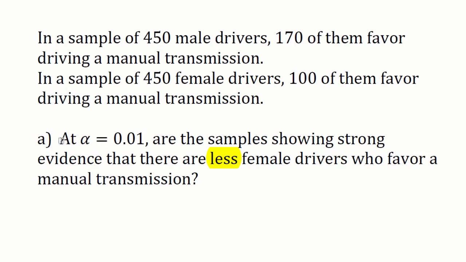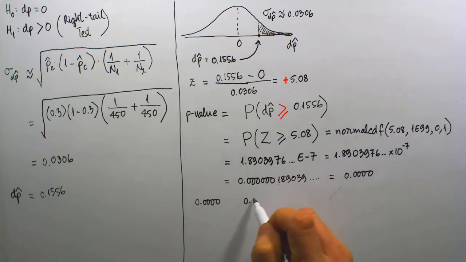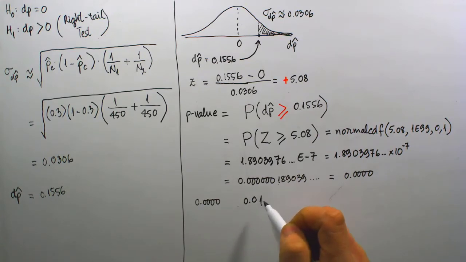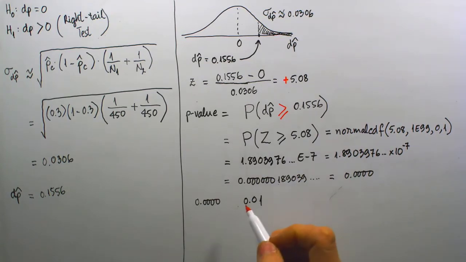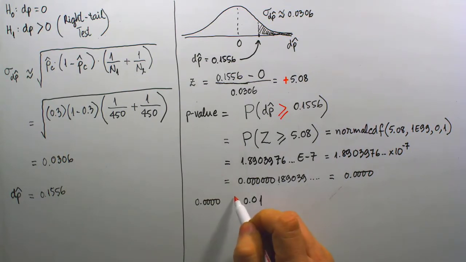The start of this question is asking at significance level 0.01. So this piece of information tells us that we have a significance level given at 0.01. And direct comparison shows that our final p-value is well below the given significance level.